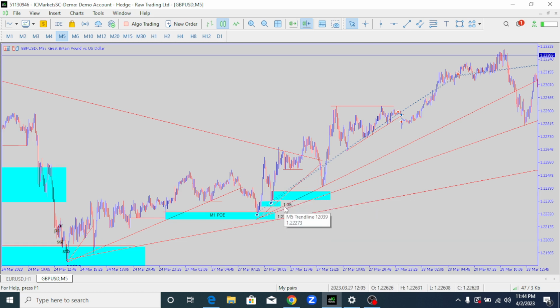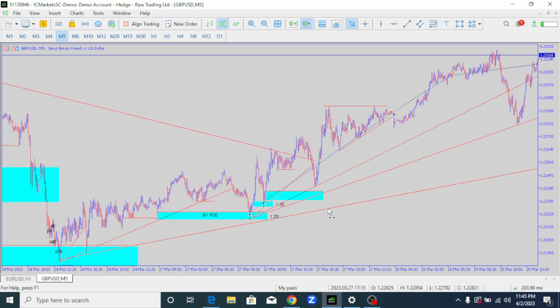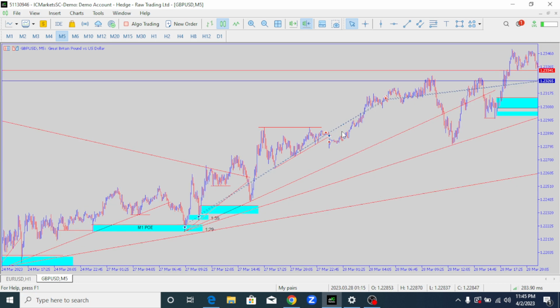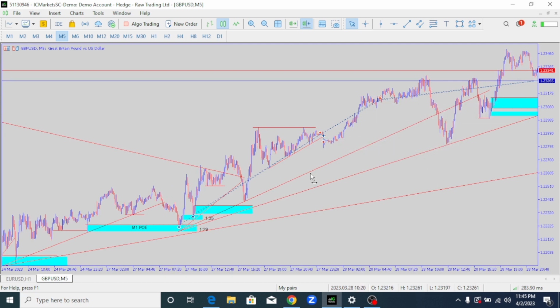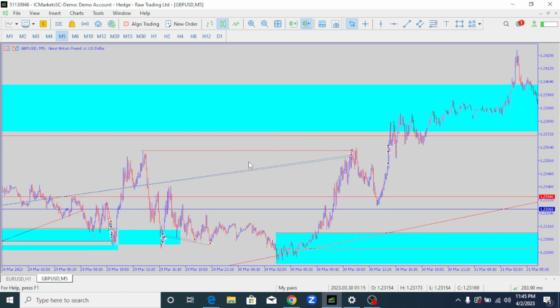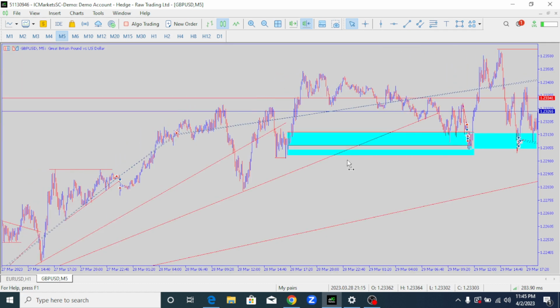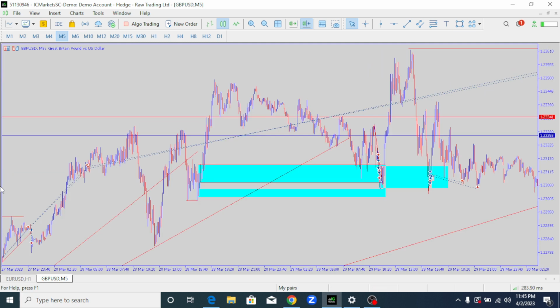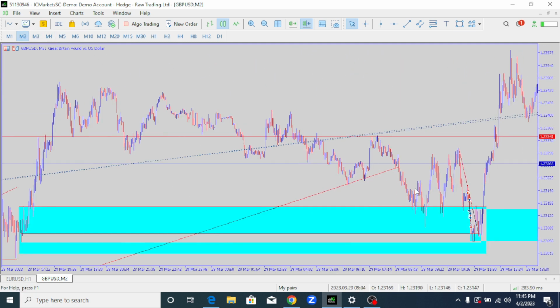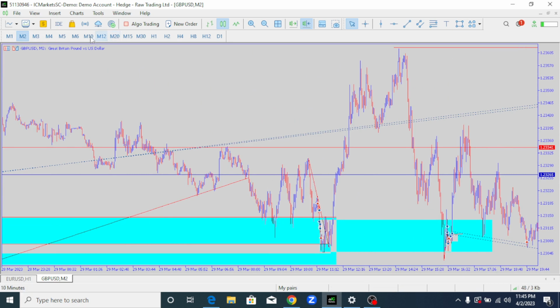One was 1 to 35, the other 1 to 29, and another 1 to 65 risk to reward, but I did close them partially around this point and around this point. Which brings us to these trades.